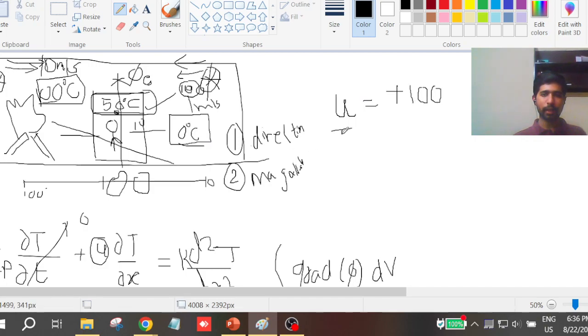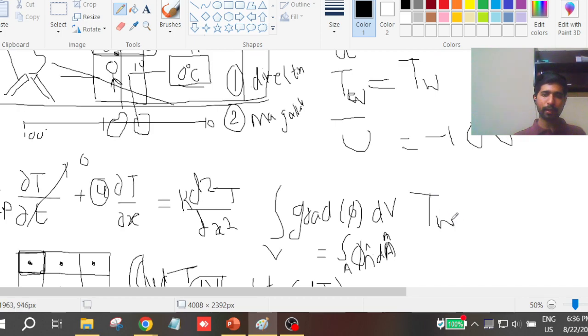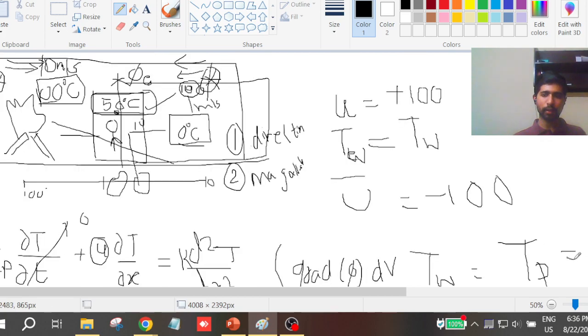Now the temperature at this face, say it is the east face, okay, actually it is the west face. Now if I consider this as a face, then T at the west face will be directly equal to T_w. Or else if u was minus 100, what would happen? T at the west face would be directly equal to T at P, that is 0 degrees. Here it would be directly 100 degrees.